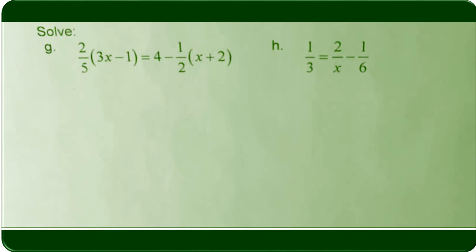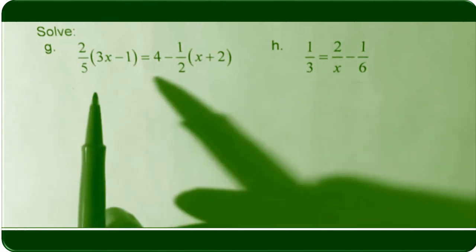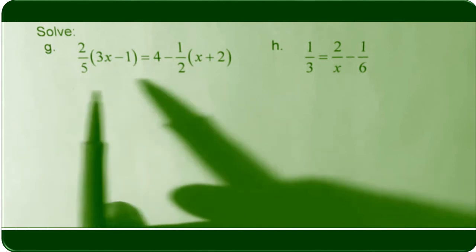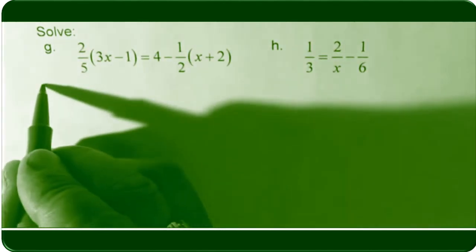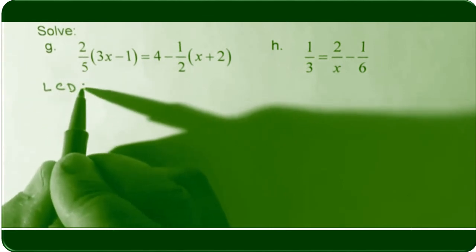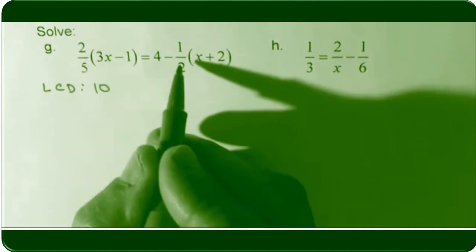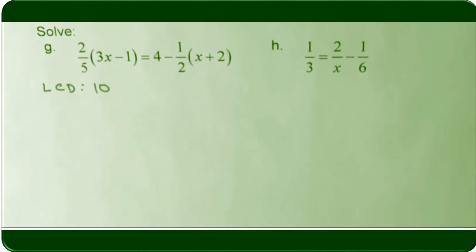I hope by now you have learned this. Apply and solve these two questions, then check with my solutions. Here we have 5 and 2, so what is the lowest common denominator in this case? The lowest common denominator is 10. So we will multiply every term by 10.